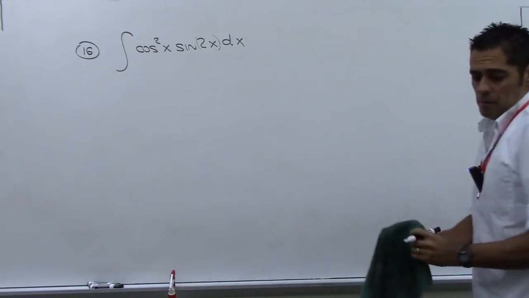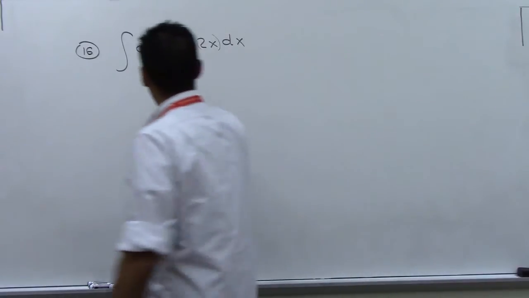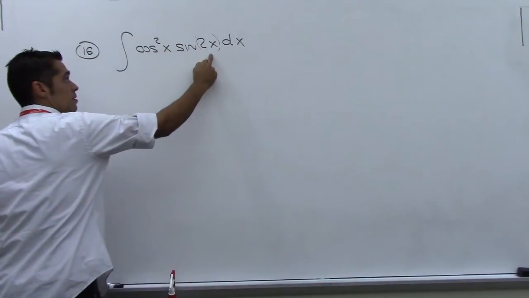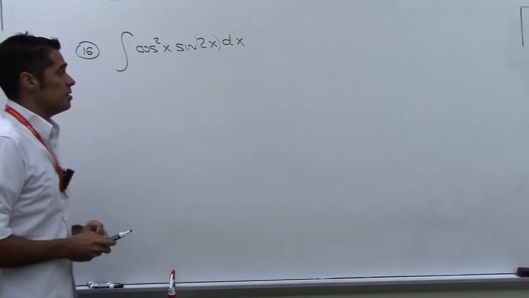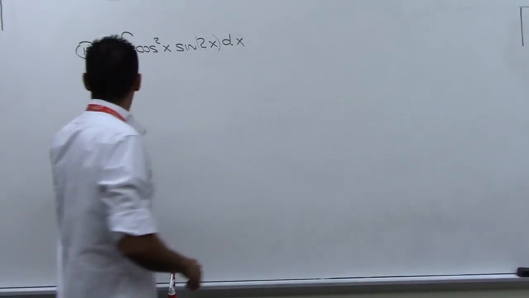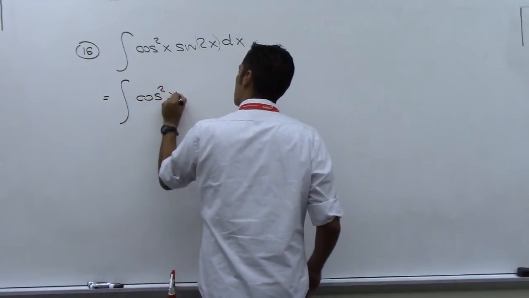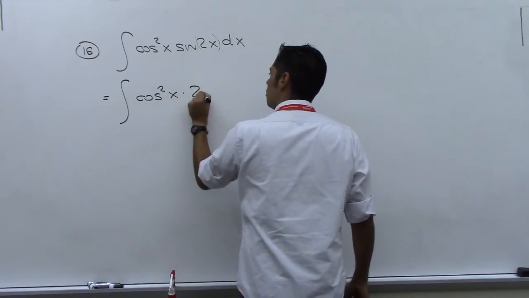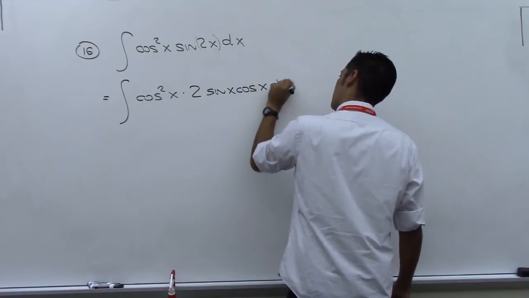All right, so we can't work with those together right now because the argument here is x, the argument here is 2x. We either need them to both be x's or both 2x's. So I'm going to go and just use my double angle identity from pre-cal and rewrite sine 2x as 2 times sine x times cosine x dx.